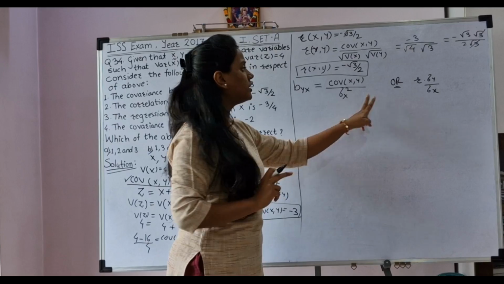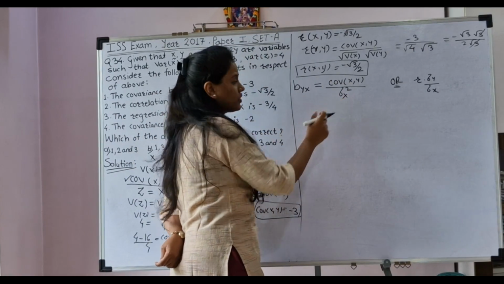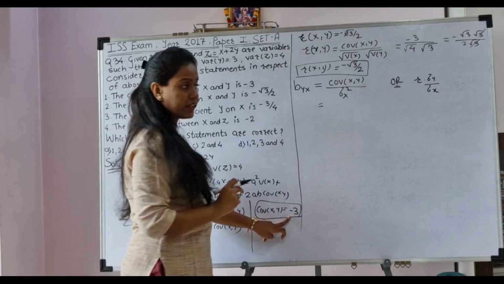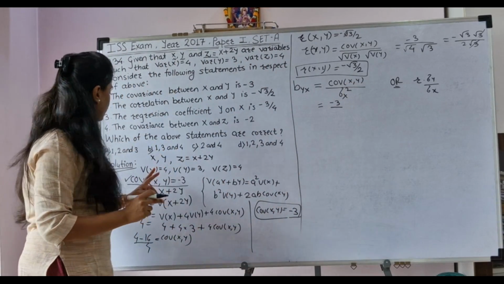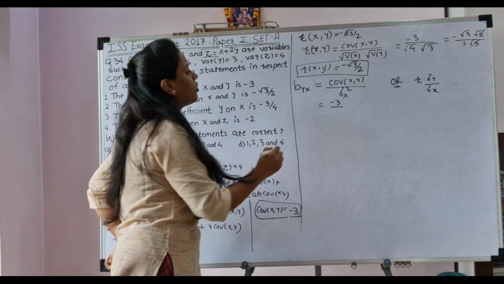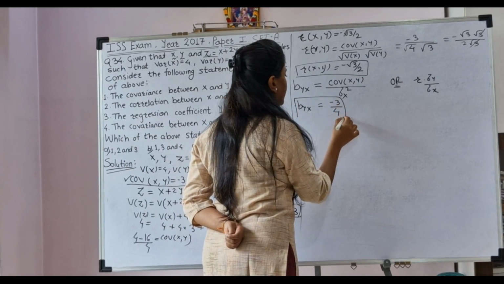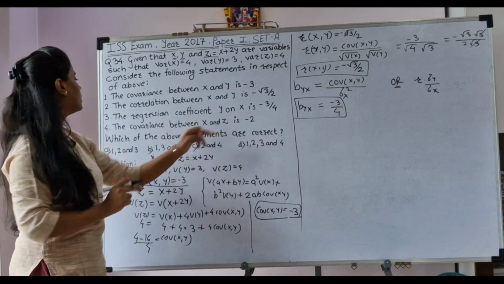Any one of these two you can use. Now here we will go with the first formula. Covariance of xy we have calculated, it is minus 3. Sigma x square means variance of x, which is given as 4, right? So byx equals minus 3 by 4. So our third statement is also correct.